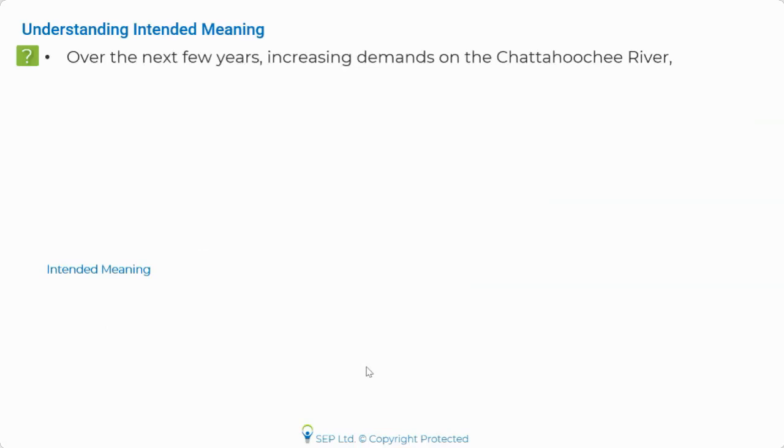All right. Over the next few years, so clearly we are talking about a time frame. This time frame is going to definitely modify the upcoming verb. Time frames always modify verbs. Increasing demands, so this here is my subject. The noun is demands. On the Chattahoochee River is basically a modifier for the demands.